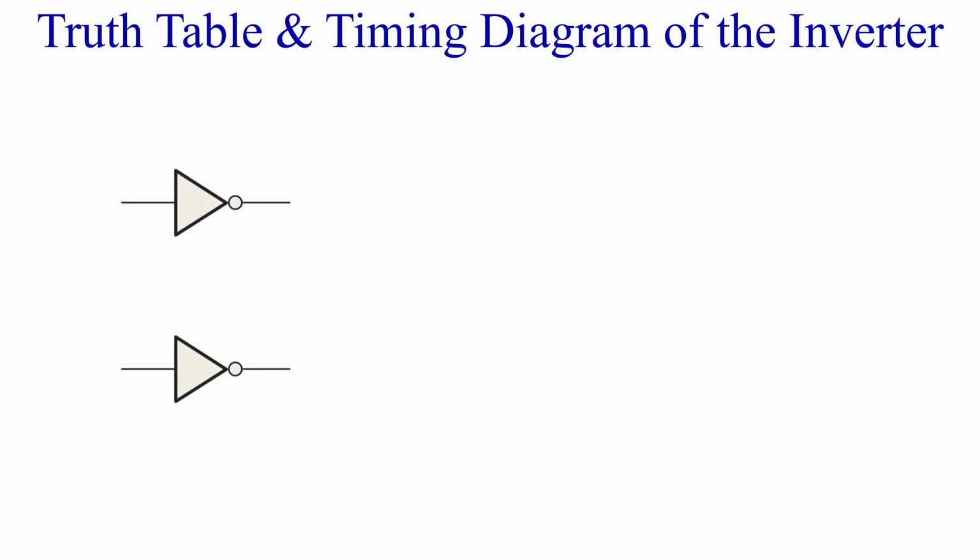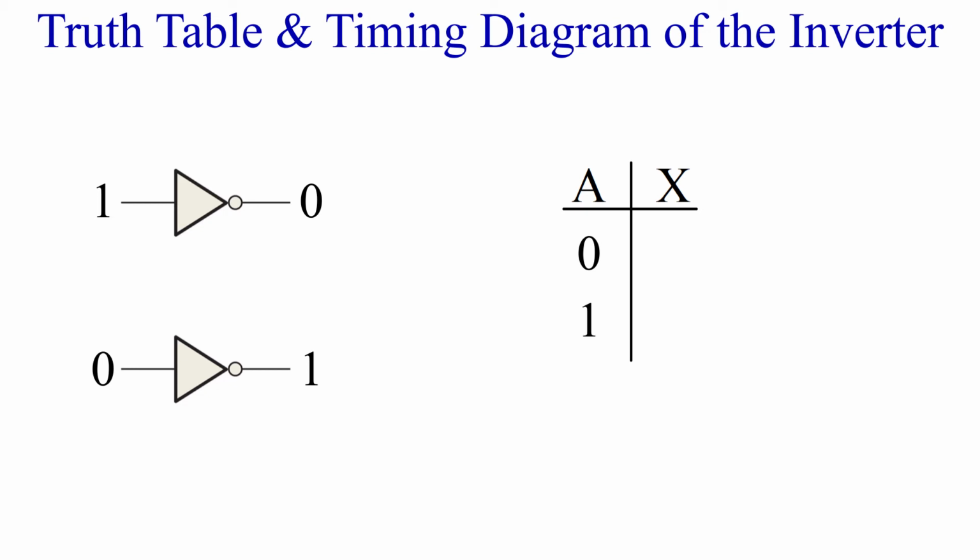So now that we have a handle on truth tables and timing diagrams, let's go back to our inverter. Now, as I said before, the NOT gate inverts the input signal. A 1 becomes a 0, and a 0 becomes a 1. Let's make a truth table of this operation. We'll call the input A, and the output we'll call X. Under the input, we count in binary, 0 and 1.